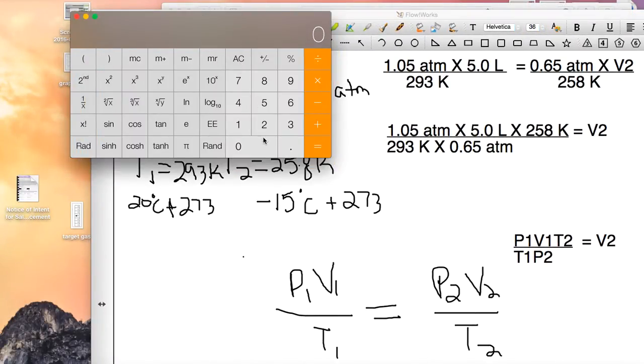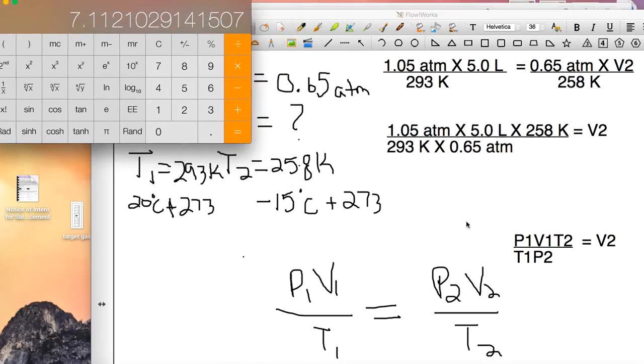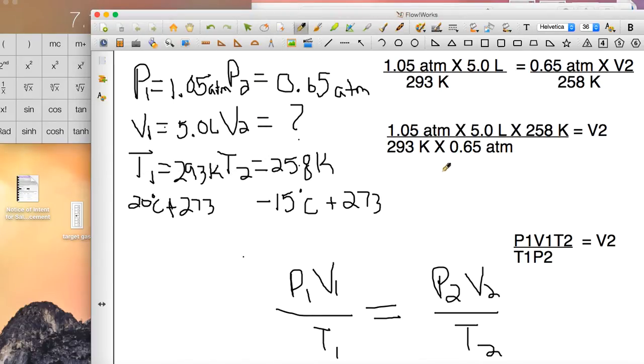So I have 1.05 atm times 5 liters times 258 equals, and I'm going to divide by what's on the bottom: left parenthesis, 293 times 0.65, right parenthesis, equals. All right, so I've got 7.11, or 7.1 by the time you do sig figs, liters. That is what we're expecting to happen to our balloon.